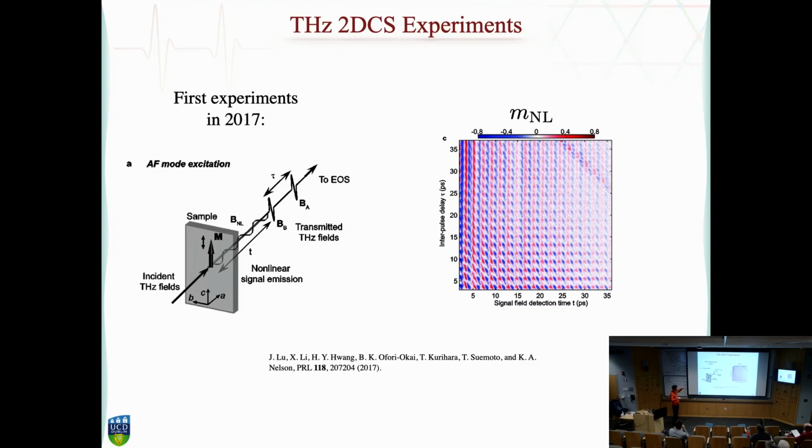Here, because we're using terahertz, it's basically a uniform field on the sample, so in these double-sided Feynman diagrams the wave vectors don't play a role. But you're right, in typical nonlinear optics, it's not just the frequencies but also the wave vectors that take control of that.